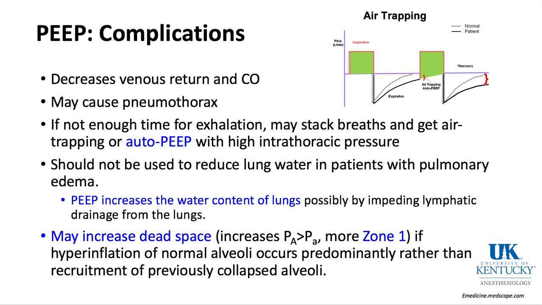Also, another thing associated with PEEP is that it can increase dead space, because if you raise PA, alveolar pressure, by increasing PEEP, more zone 1 can occur. And if hyperinflation of normal alveoli occurs predominantly rather than recruitment of previously collapsed alveoli, this may not be a beneficial effect. So PEEP decreases venous return, can cause barotrauma, can cause auto PEEP if you don't give time for exhalation, and actually increases lung water and potentially increases dead space.